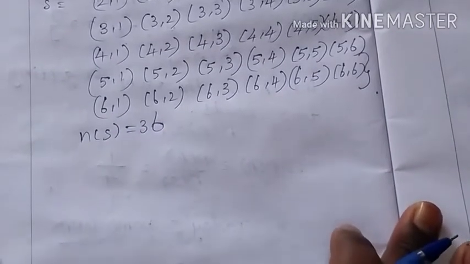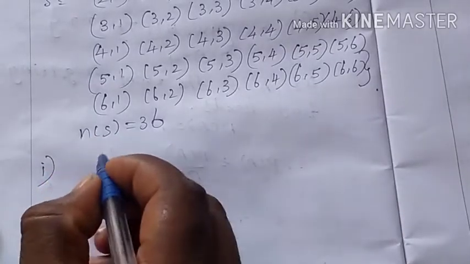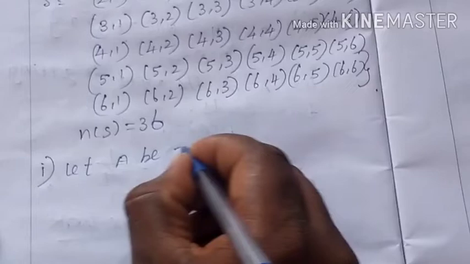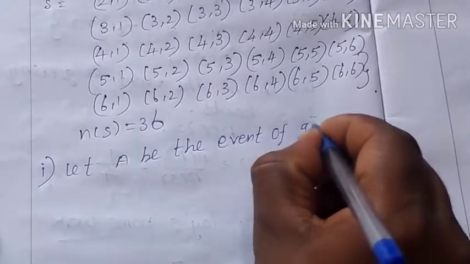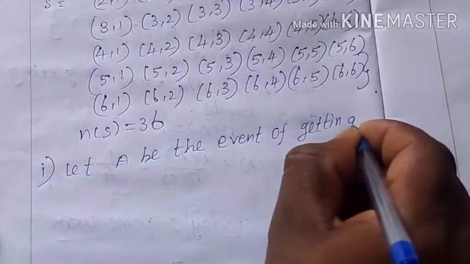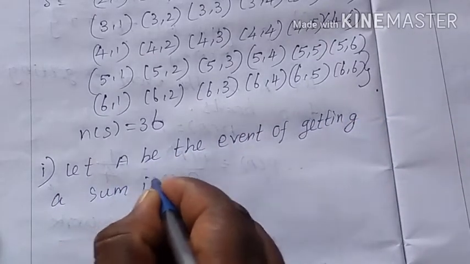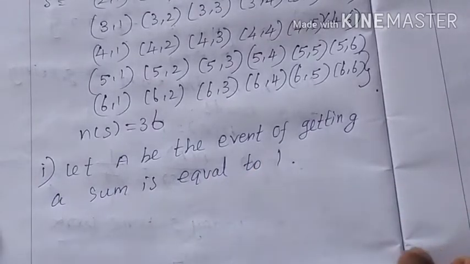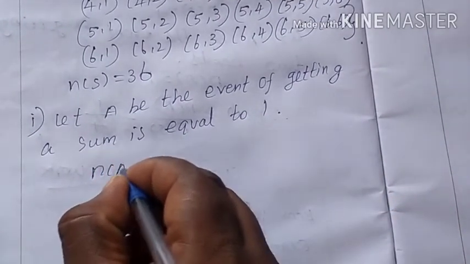The first question is, what is the probability that the sum is equal to 1? Let A be the event of getting a sum equal to 1.